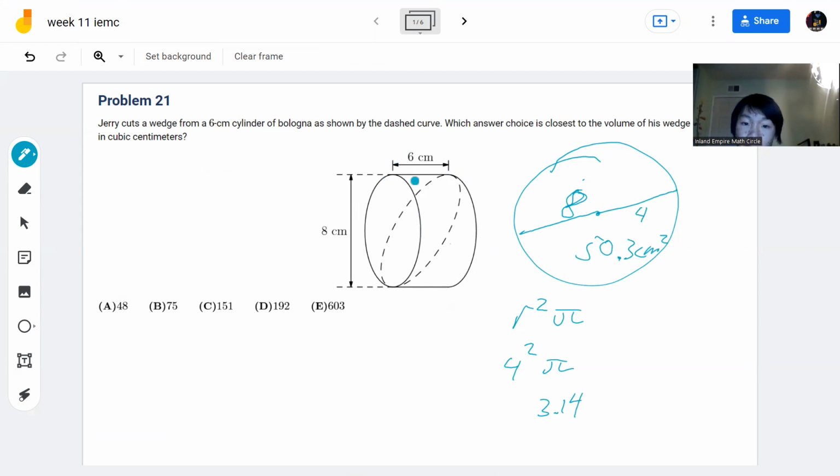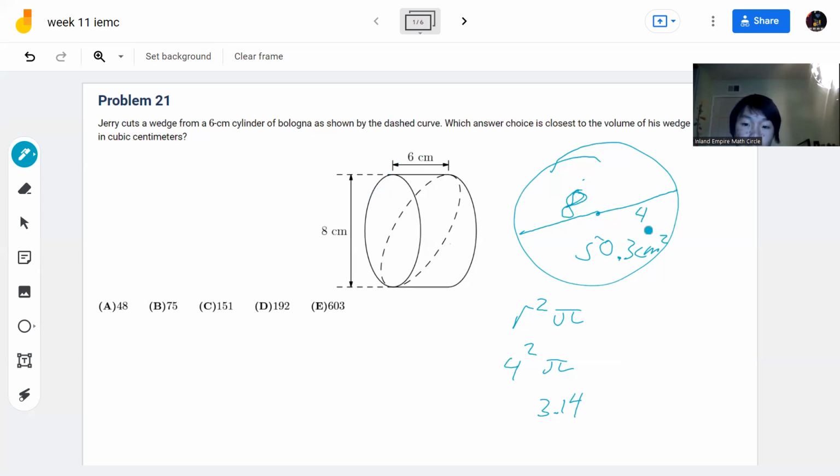So how do you find the volume? This is just like most other 3D shapes. Okay, we know the area, so we can just multiply by the height.